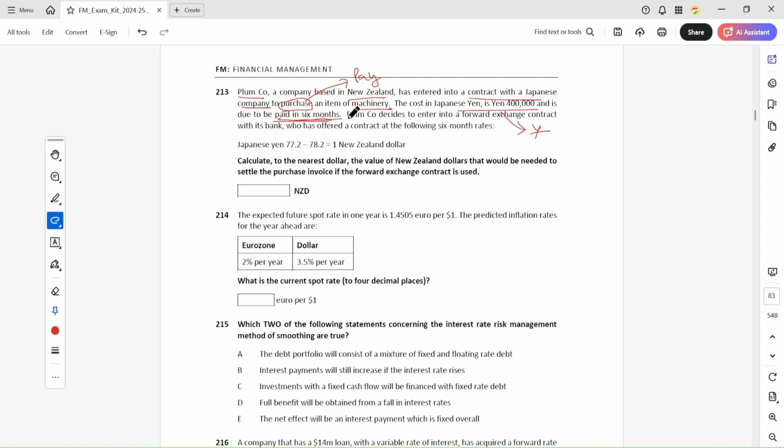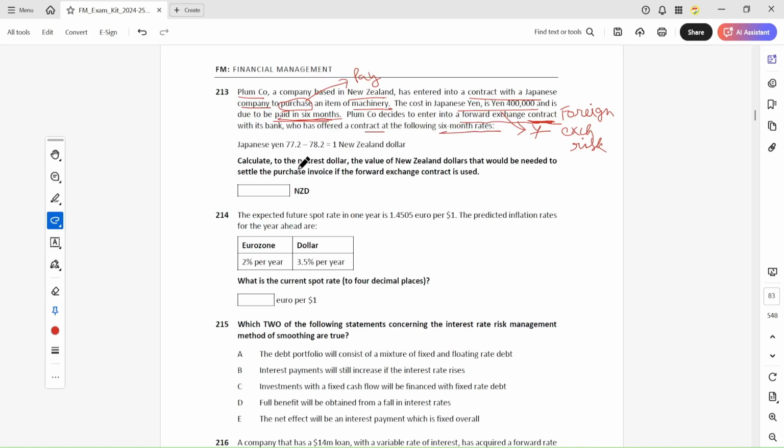It decided to enter into a forward exchange contract. Okay guys, remember this is a foreign exchange risk question, and forward exchange contract is similar to the forward rate agreement question. The bank has offered a contract at the following 6-month rate.